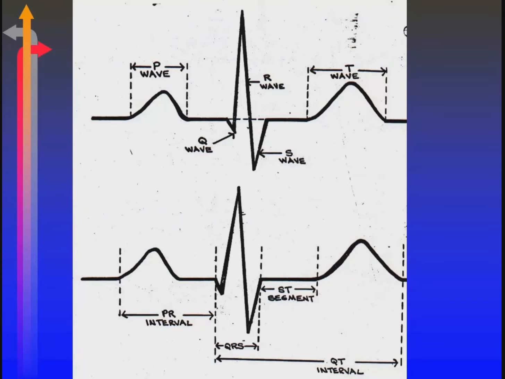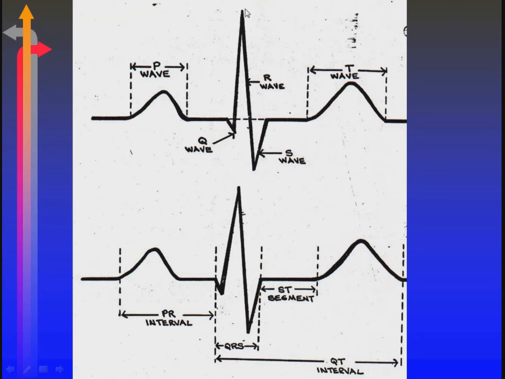This is just going through the different waves that are present. The first positive wave you encounter typically is the P wave. It's representing atrial depolarization. You then have the first negative deflection after the isoelectric line after the P wave. The PR interval really is the combination of the P wave up to that Q wave. The first negative deflection is going to be called the Q wave.